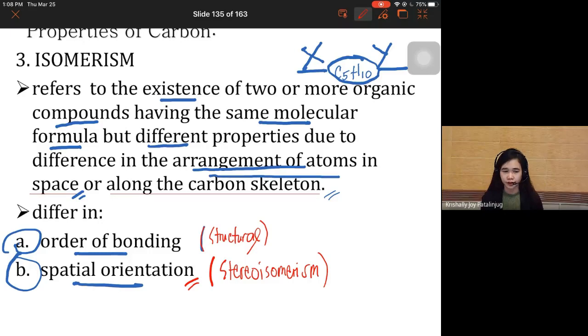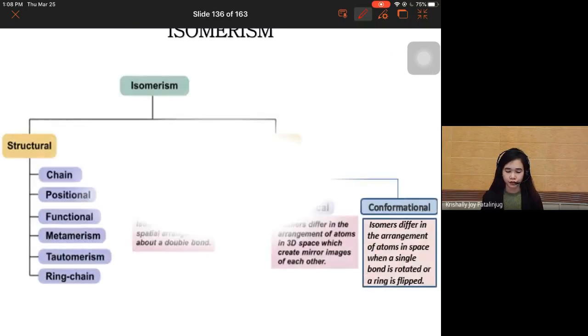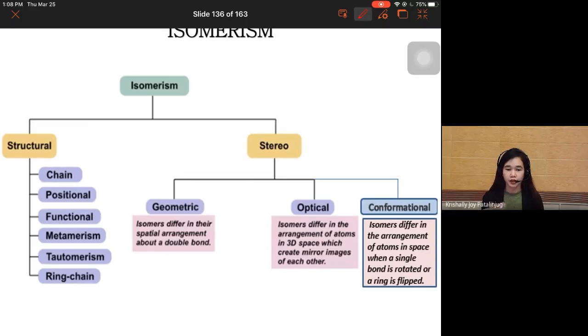Okay, so again do not forget, isomers, isomerism, yung main nyo lang na hint, same formula. Okay, same yung formula ng dalawa or tatlong compounds na yan, but kapag dinraw nyo yung structures nila, magkaiba.